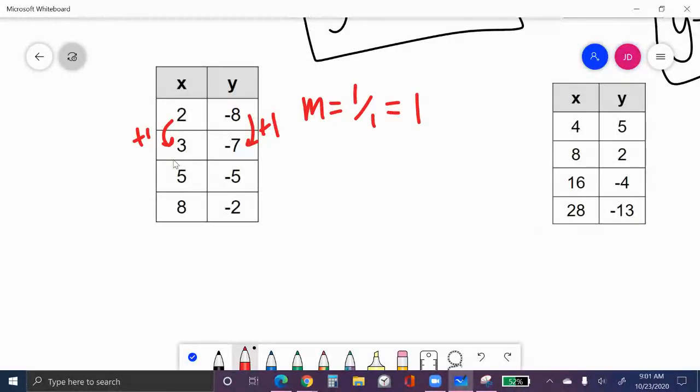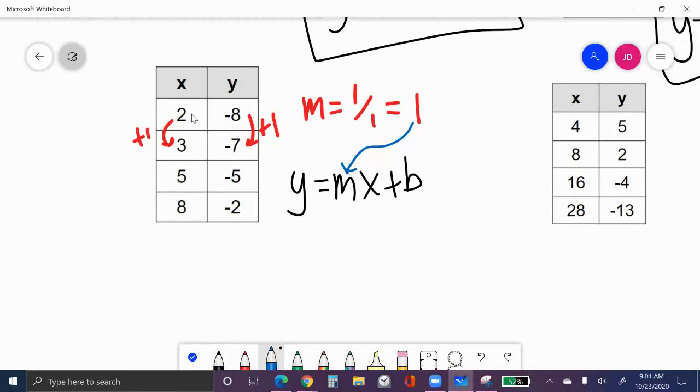This one doesn't give us a y-intercept from our table. There's no 0 here. So when they don't give us the intercept, we need to write out y equals mx plus b, and plug in our slope for m.